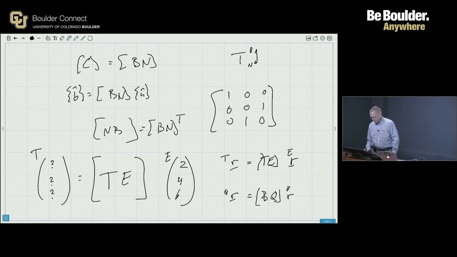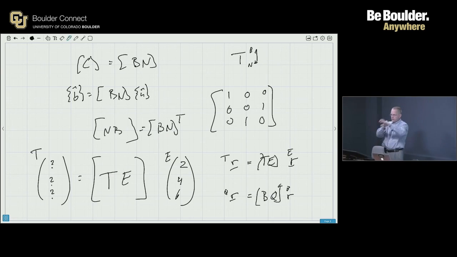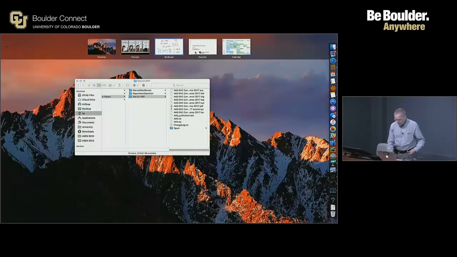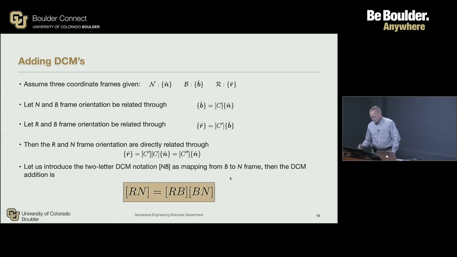This doesn't make sense. What you'd have to do is transpose it, and BQ transpose becomes QB. So with this 2-letter thing, you can look at, okay, this vector is given in this frame, this is given in that, this is mapped from here to here. All these letters should cascade and map up together, hopefully letting you keep track of it very, very simply. It means making fewer errors. So that's vector coordinate transformations, which I know you've done.